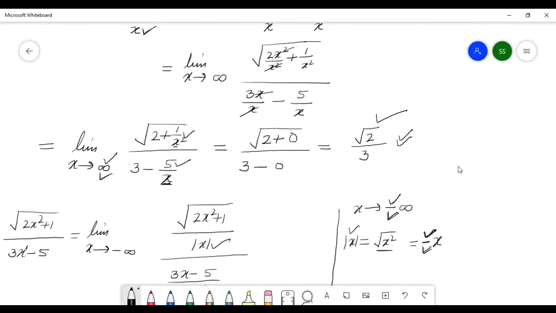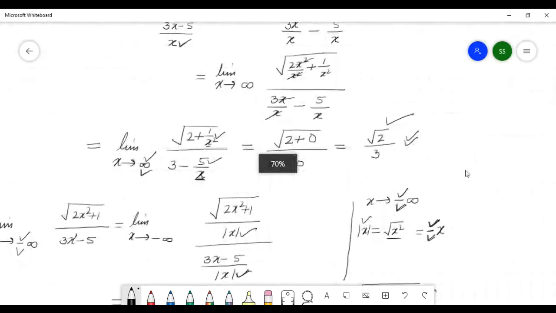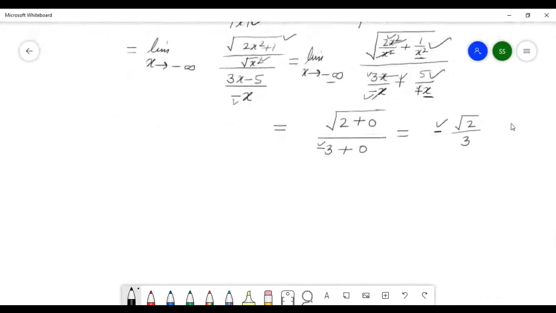So these two are the horizontal asymptotes. Here y equals this line, and y equals this minus 3 are horizontal asymptotes.